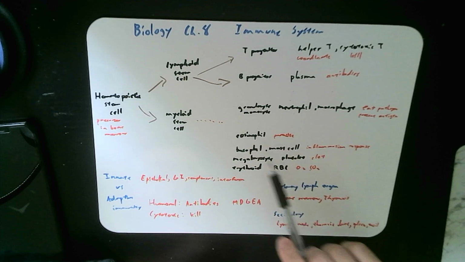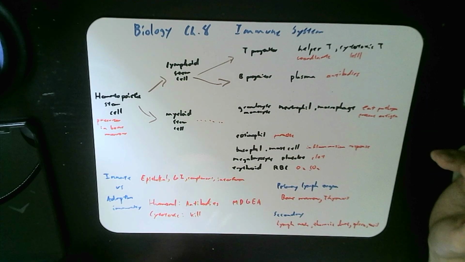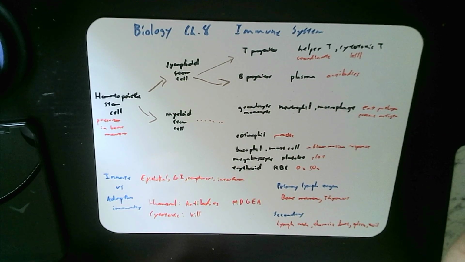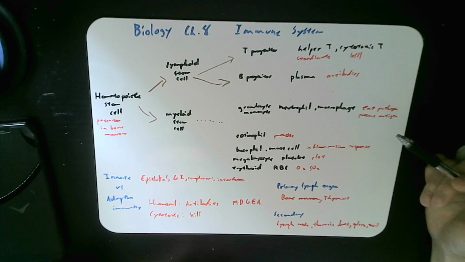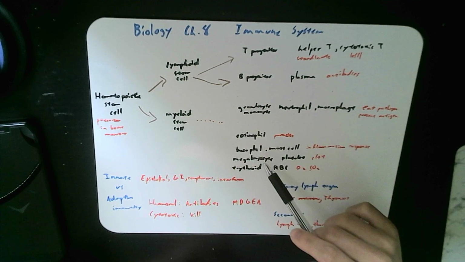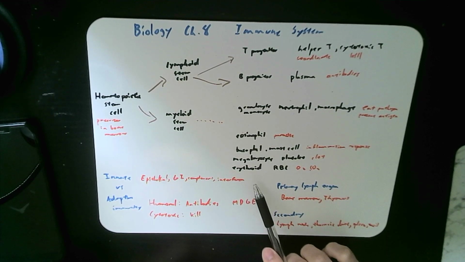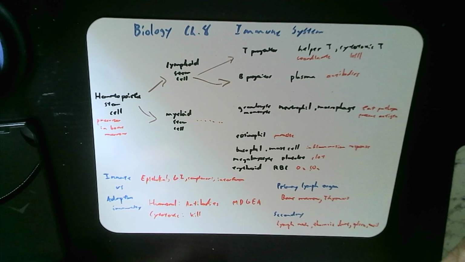Basophils and mast cells basically launch the inflammation response to swell up the area and bring more immune cells into the area to help get rid of the pathogen. Megakaryocytes basically give rise to the platelets, so they help with the blood clotting process. Erythroid progenitor cells, stem cells, give rise to the red blood cells, and as we know, red blood cells deliver O2 and receive CO2 from the cells.